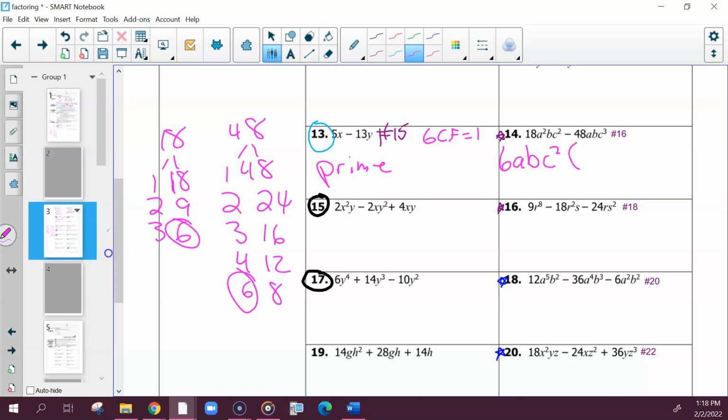When we divide that, what would be left? Do your word search. It would be 6, 1A. Not 6. Oh no, it would be 3A. And then no B's, right?